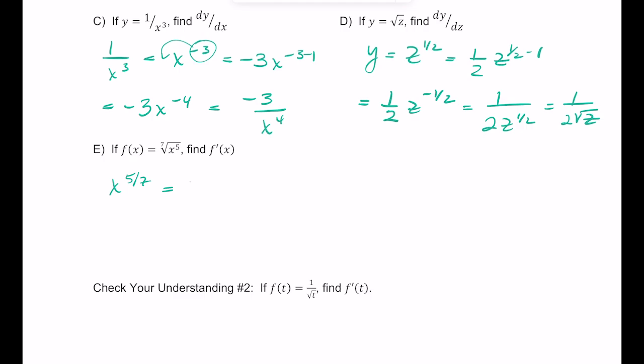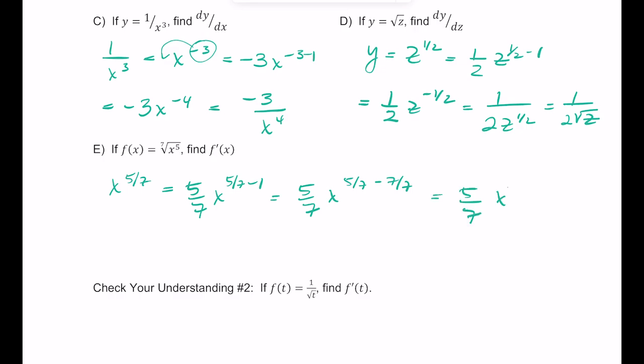So that gives me my 5/7. And then it's times x to the 5/7 minus 1. Well, 1 can be written as 7/7. So now I have 5 minus 7, which is negative 2/7.